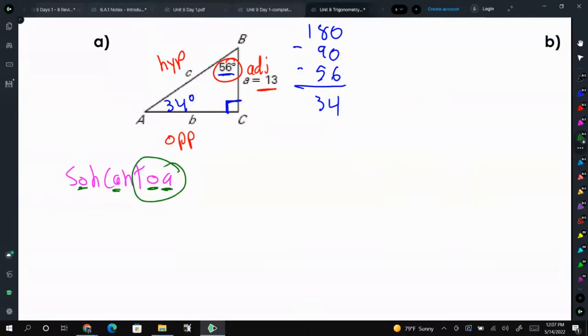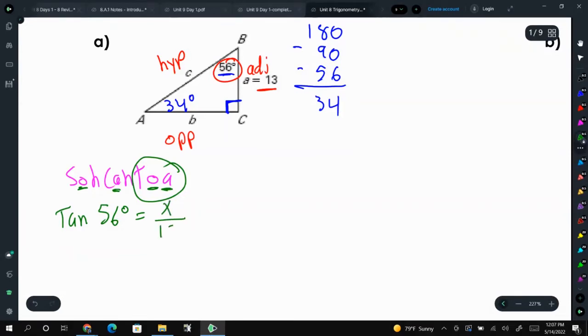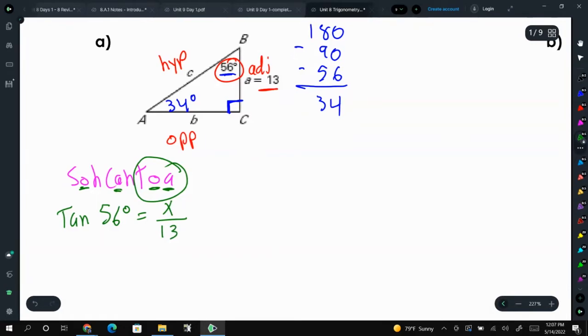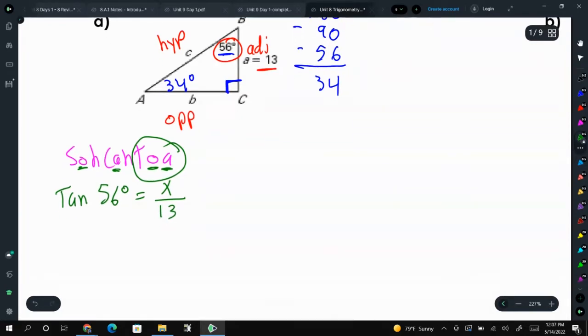So this is going to be the tangent of 56 degrees equals O for opposite, which we don't know, so x, over the adjacent, which is 13. Now we want to get x by itself, and we're always going to multiply both sides by the denominator, not the numerical number that we see in the fraction, but whatever's in the denominator. 13 is in the denominator, so we're going to multiply both sides by that.